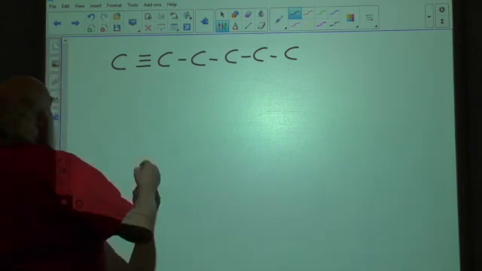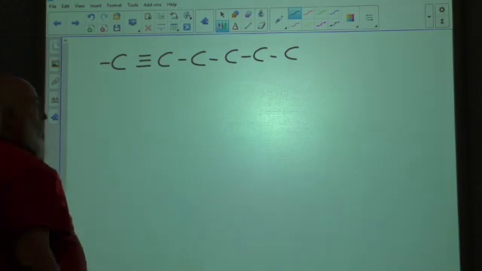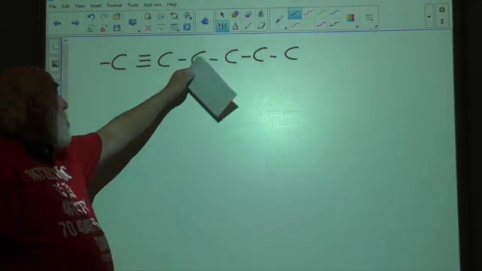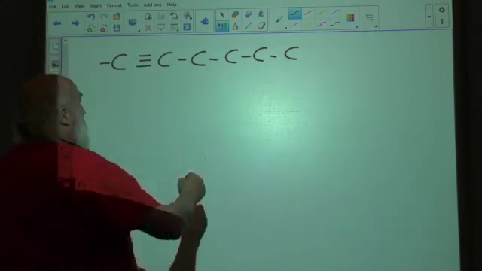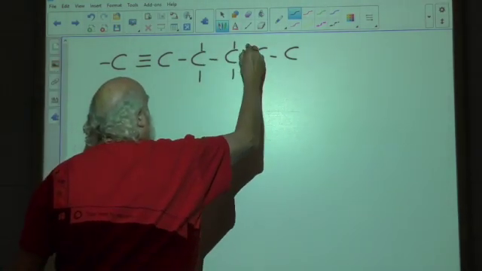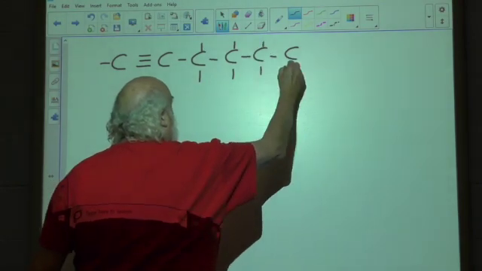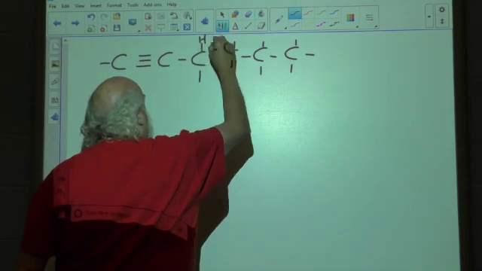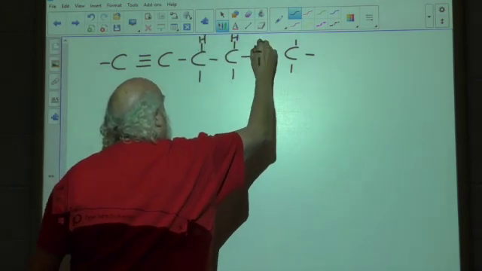This one already has 3. I'll just put one right there. This one now has 4. Don't need any more. But these all have 2 here. And this one would have 3. And we put hydrogens here, all across.